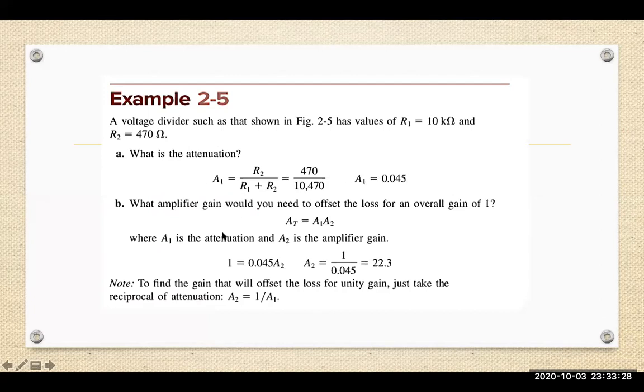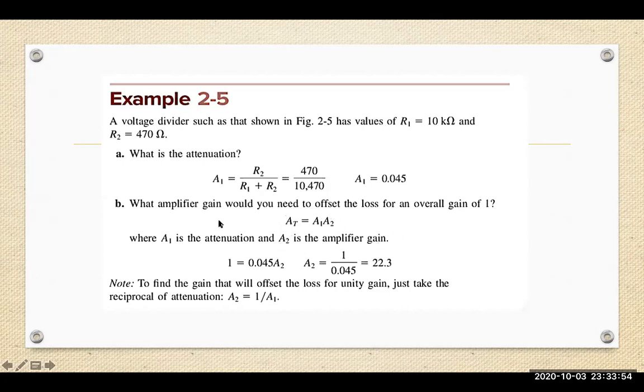Now, what amplifier gain should you need to offset the loss for an overall gain of 1? Remember, if there are two stages or two amplifiers in cascade, the gains are multiplied. Unitless gains are multiplied. Remember that A sub 1 is attenuation and A sub 2 is the amplifier gain.